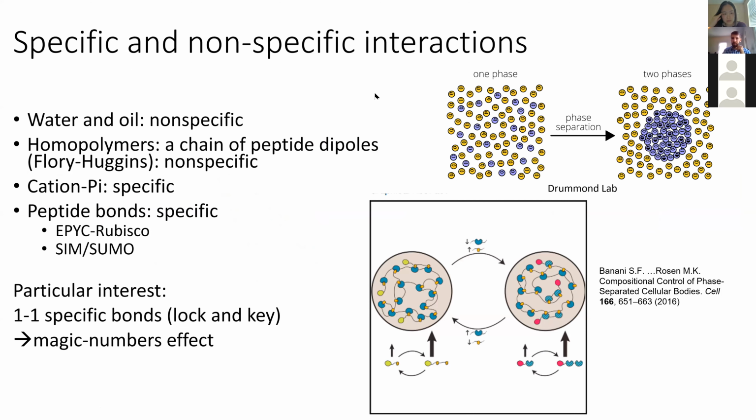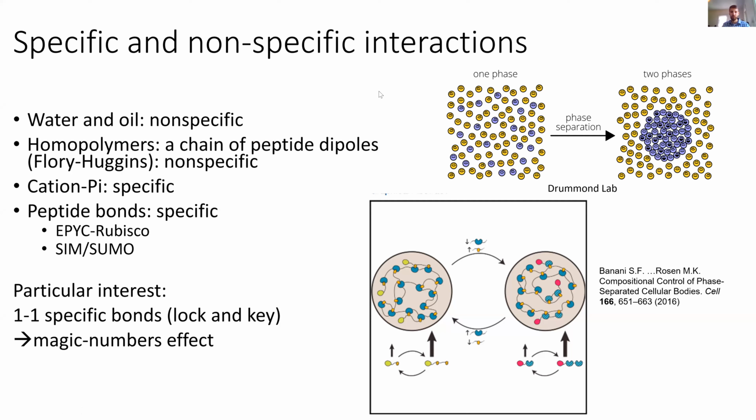All right. So the second thing I want to talk about is addressing this issue of specific and non-specific interactions and magic numbers. This is reiterating a lot of what Gene said, but a lot of systems that people have thought about in the past with phase separation are really driven by non-specific interactions like oil and water, where all of the yellow guys and all of the purple guys are interacting with each other, right?